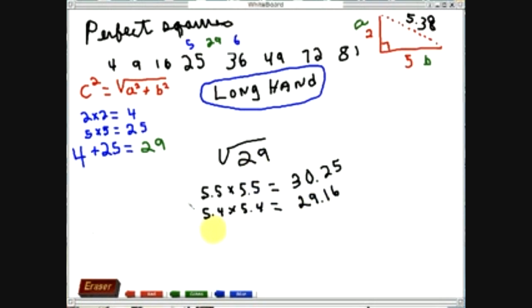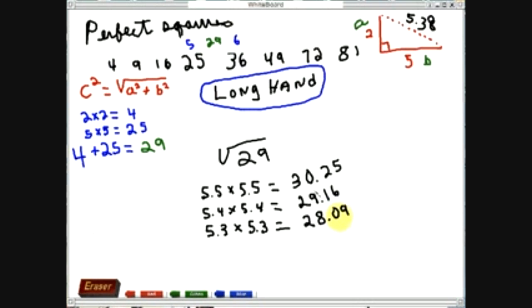So we try an even lower number. So we try 5.3 times itself to get your square. 5.3 equals 28.09.